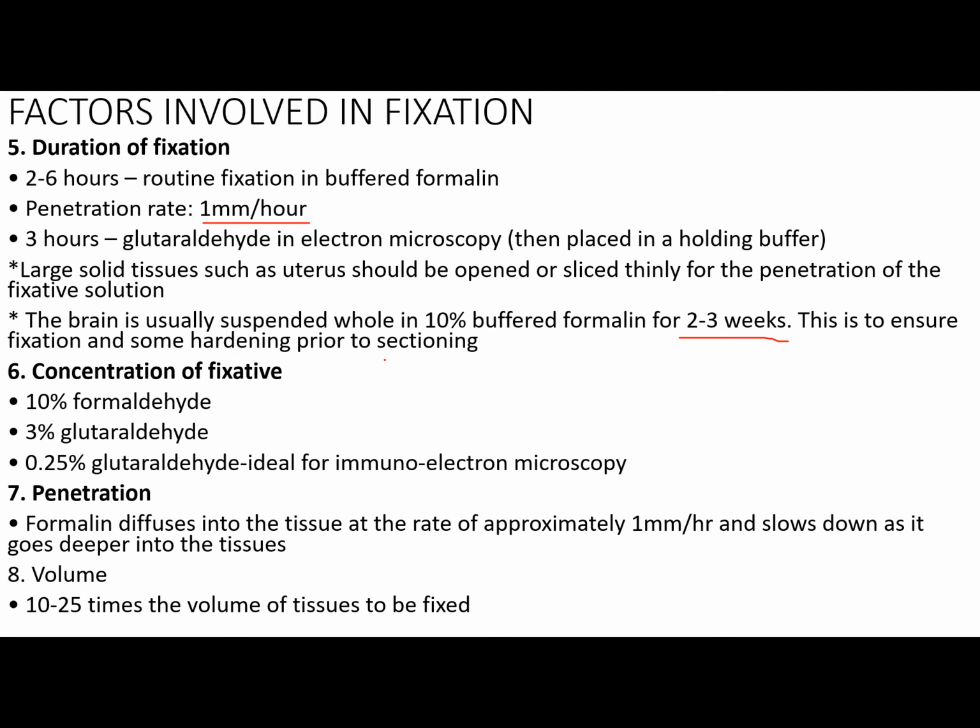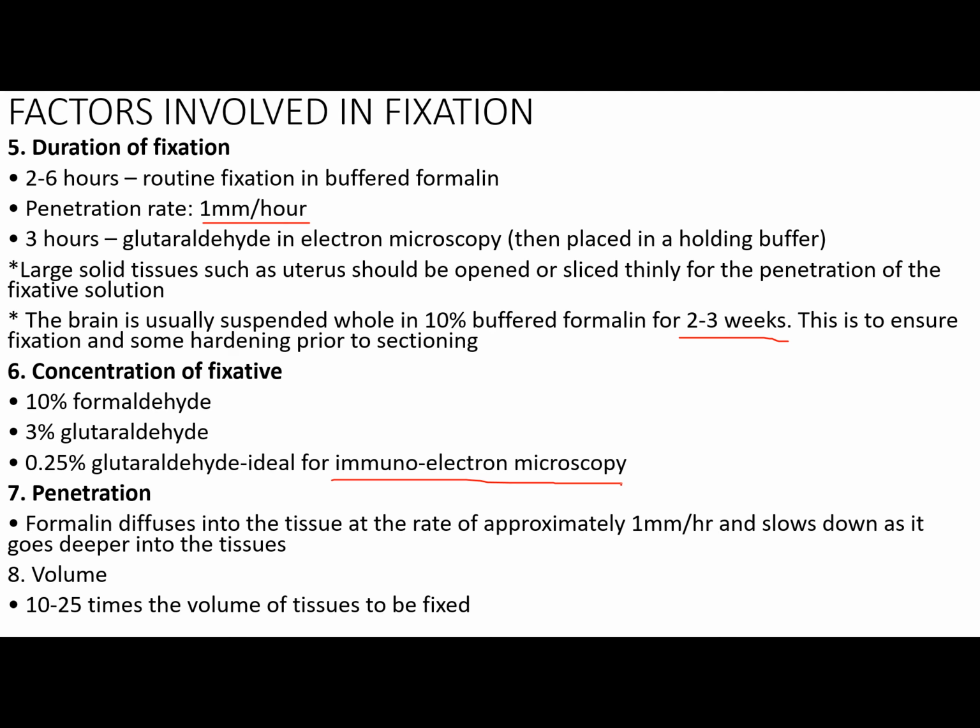Then if you're going to use it for immunoelectron microscopy, IEM, the concentration should be set at 0.25% glutaraldehyde. So let me repeat that. For immunoelectron microscopy, class, you want to view antigens and antibodies. You want to find the presence of antigens on a tissue sample. You need to use a fixative set at 0.25% glutaraldehyde.